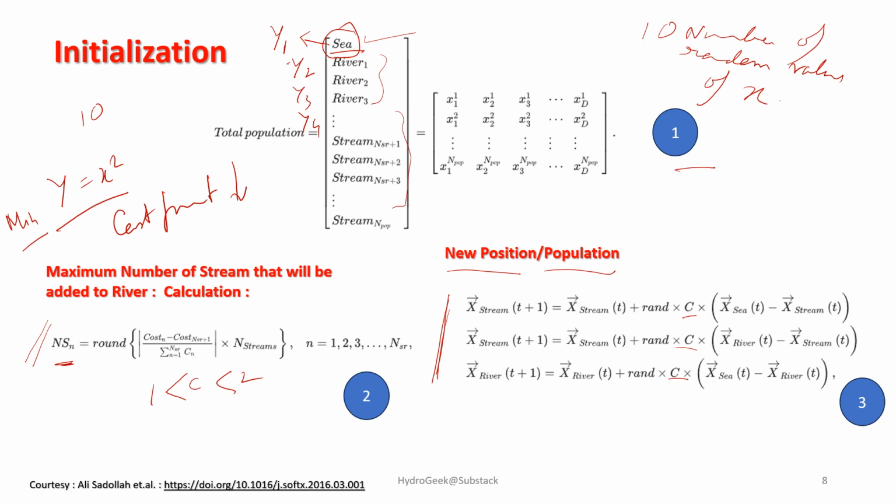Here n stream means the total number of population that you have generated. So as you have generated 10, you will use 10 here.